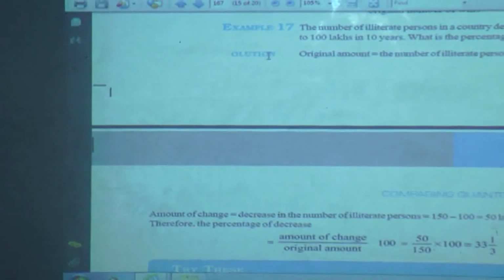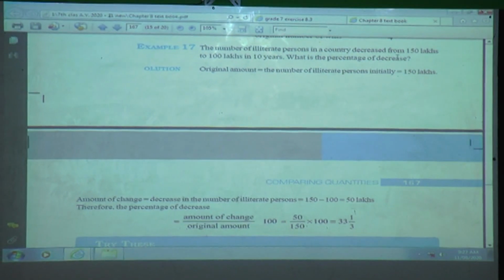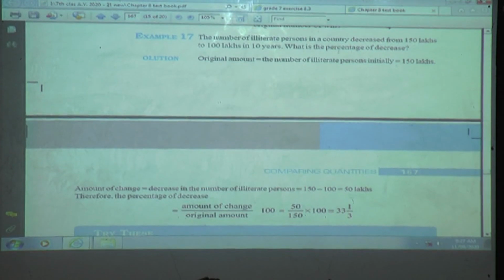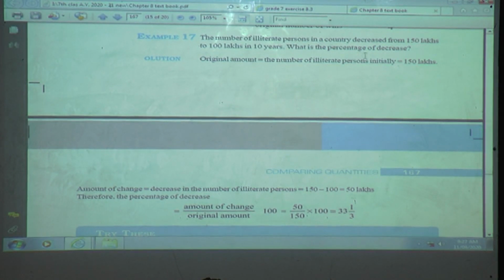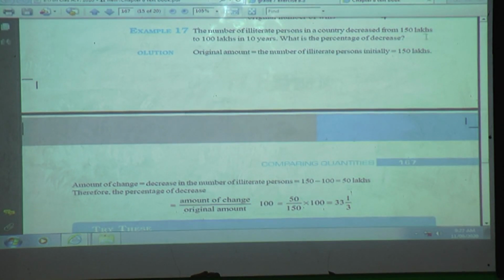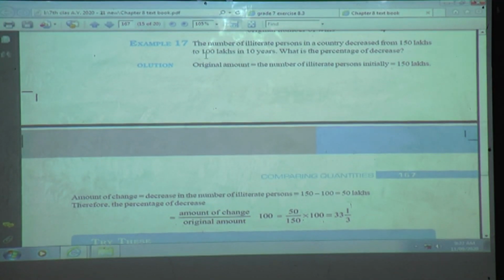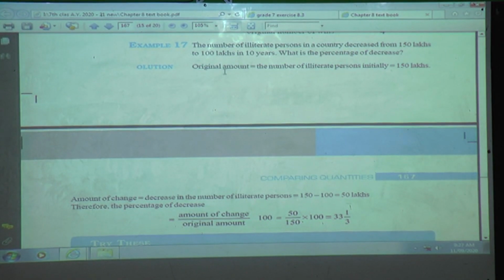So here we have one example. The number of illiterate persons in a country decreased from 150 lakhs to 100 lakhs in 10 years. What is the percentage of decrease? Already we know the illiterate people in the country decreased from 150 lakhs to 100 lakhs in 10 years. So what is the original amount?